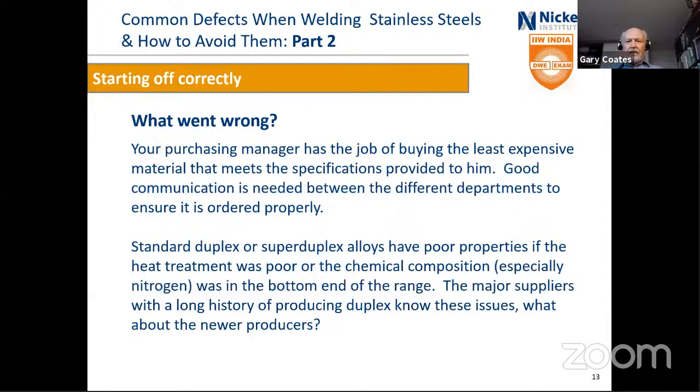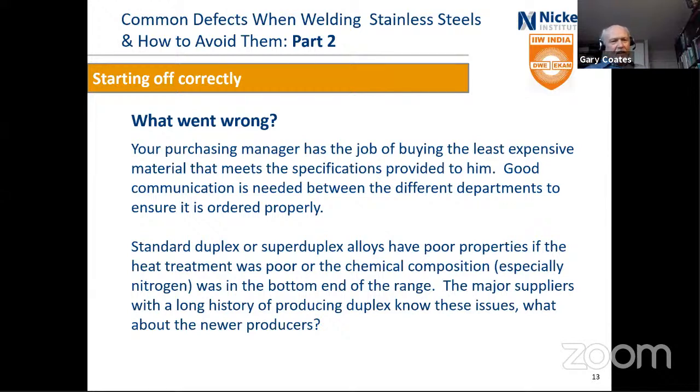If it's separate from the welding department, which at a larger fabricating company is the case, you have to have good communication between what the welding group needs, what the engineering group wants, and then the purchasing manager has to make sure that he buys it to the specification. But then it's also important to check that when it is delivered, everything is in order there.